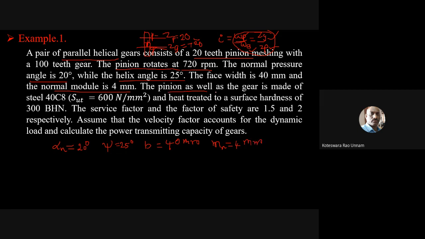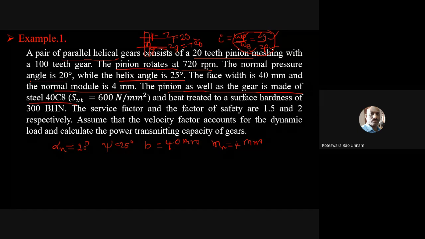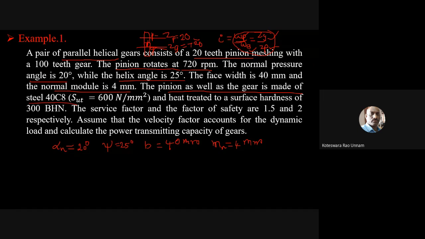Then pinion as well as gear is made of steel 40C8. So both pinion and gear are made of the same material, so obviously the pinion is going to be the weaker one and the design should be based on the pinion. For that he has given SUT as 600 Newton per mm square.